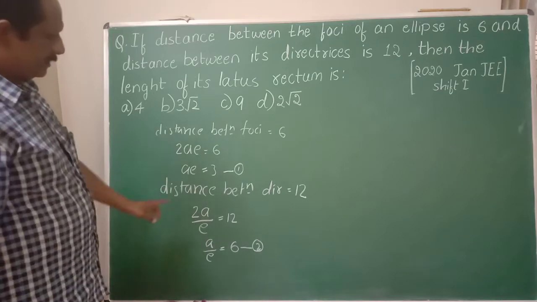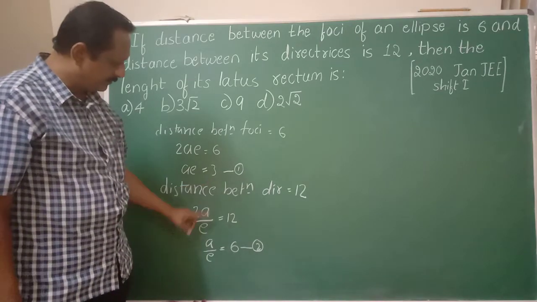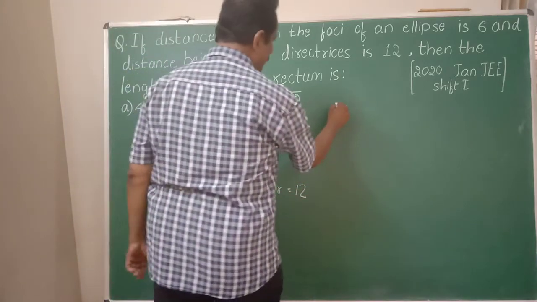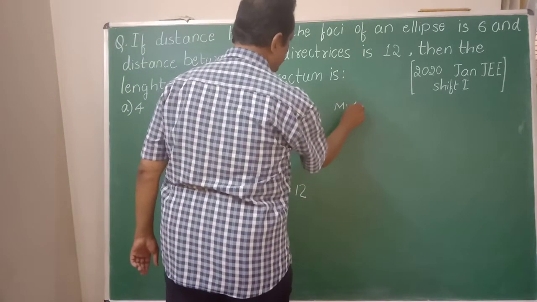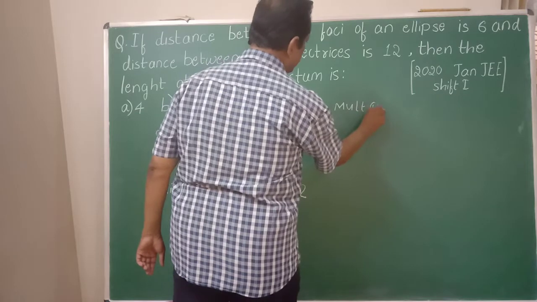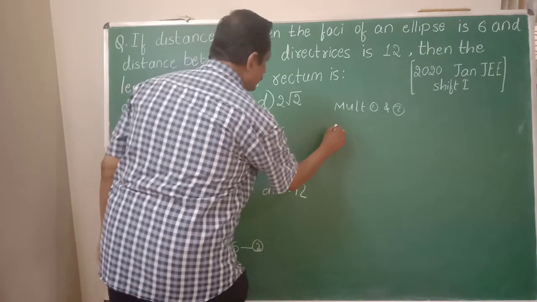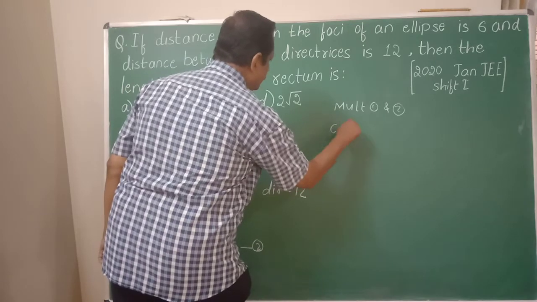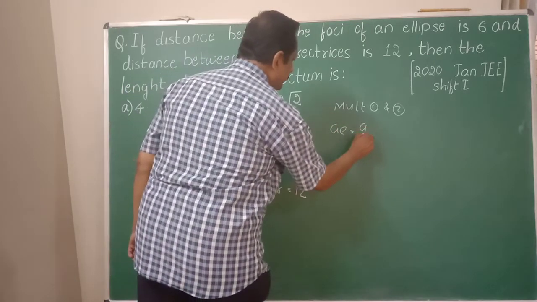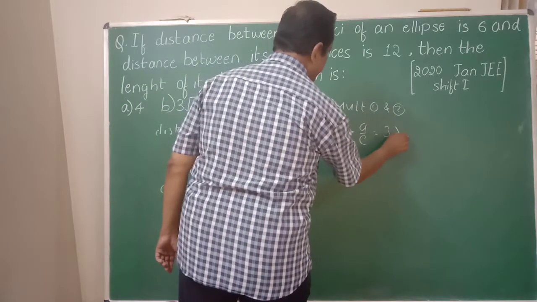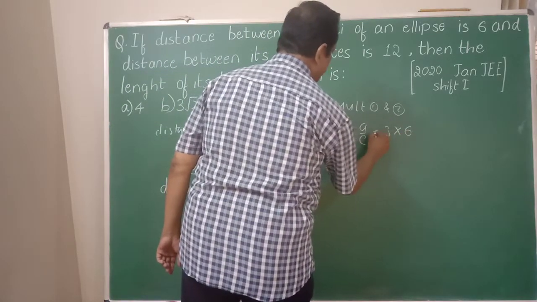Okay. Here a into e is equal to 3, a upon e is equal to 6. Multiplying equations 1 and 2 here. Therefore a into e into a divided by e is equal to 3 into 6.